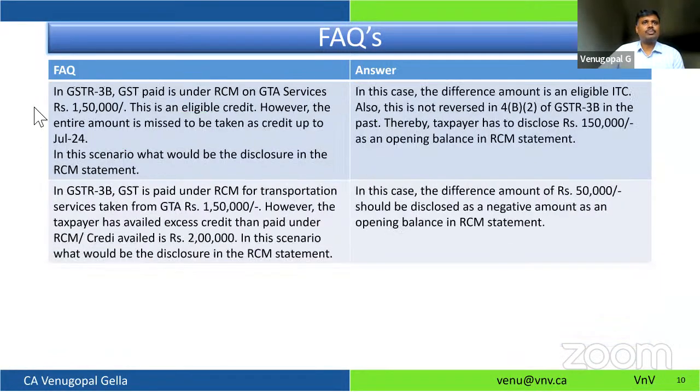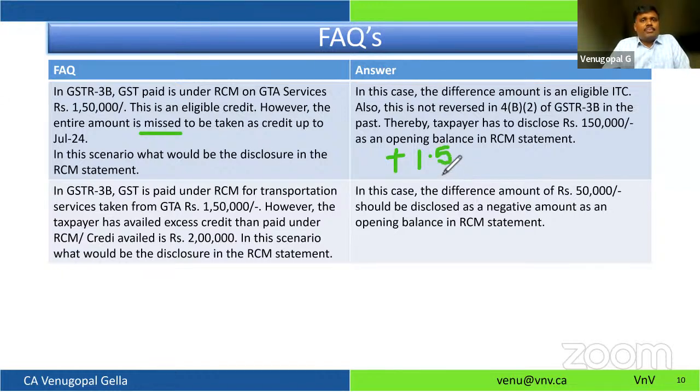Further FAQs. The GTA services, this is an eligible credit, but I forgot to take the input tax credit. Not even a single rupee have I taken. Because I have missed taking the credit, I will be reporting a plus 1.5 lakhs.